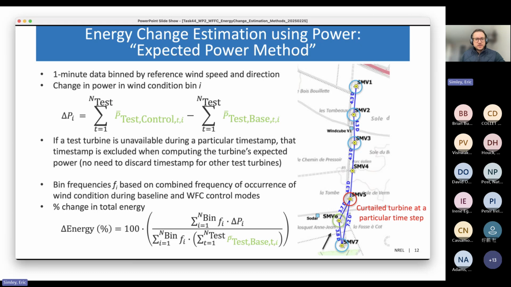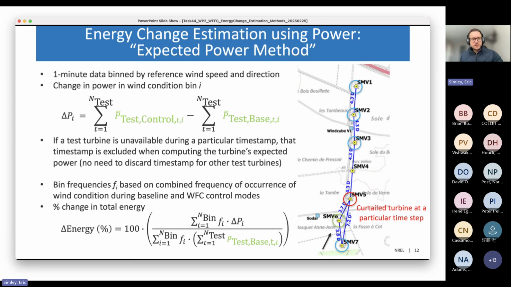So an overview of how this works: you're still binning the data by reference wind speed and direction, and the report goes into a lot of detail about how to calibrate the wind speeds and directions at your reference turbines. Our method is not quite going into that level of detail.